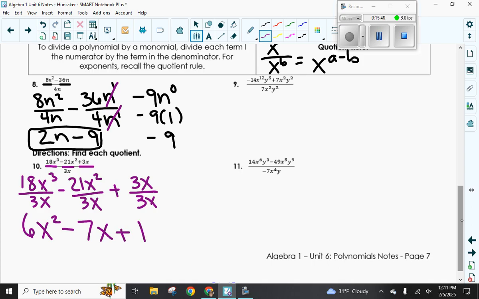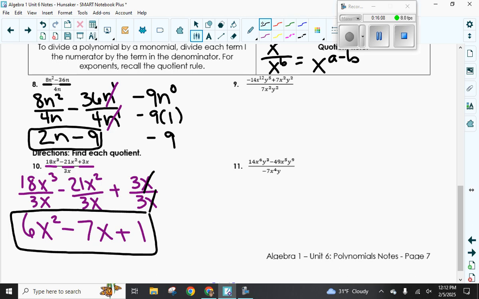This may not be necessary if we have x's left, but if we don't, then this is necessary. If I have 1x and I divide 1x out, no x's. So I'm going to just cross them out. I'm not going to write any x's there. However, if you would like to write it as x to the 0 and then simplify, you still should get this as your answer.